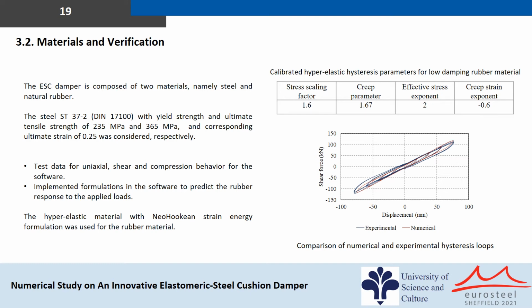The hyperelastic material with Neo-Hookean strain energy formulation, with the calibrated parameters shown in the top table, is used for the rubber material. There is a good agreement between the numerical results and the experimental one based on the hysteresis curve shown in the slide.